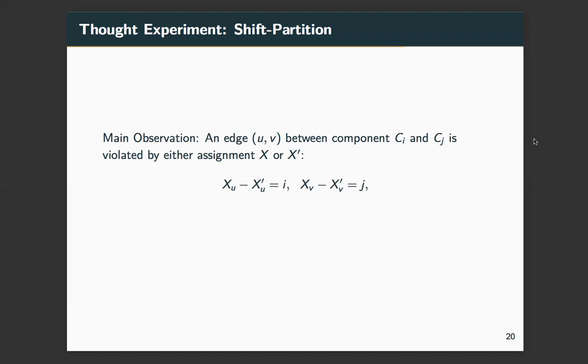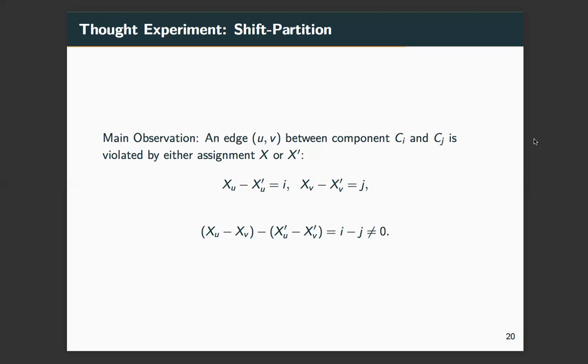Now subtracting these two equations, we get xu minus xv minus (xu prime minus xv prime). So this quantity can be reinterpreted as the value of the edge uv in assignment X minus the label assigned to the edge uv in assignment X prime, which is equal to i minus j, and it's not equal to 0.